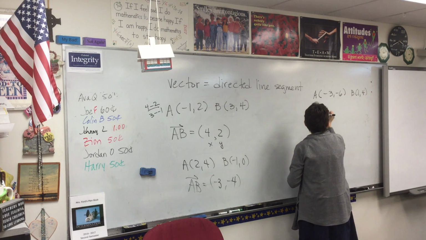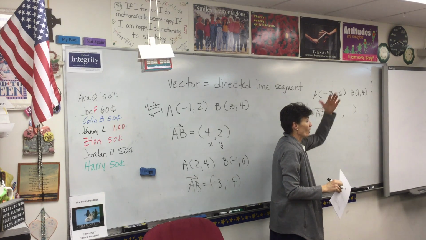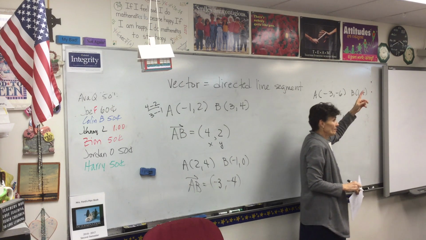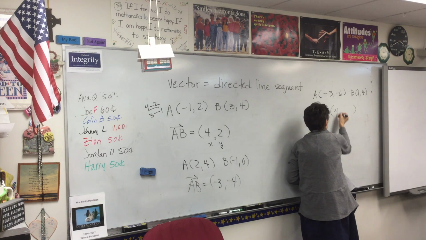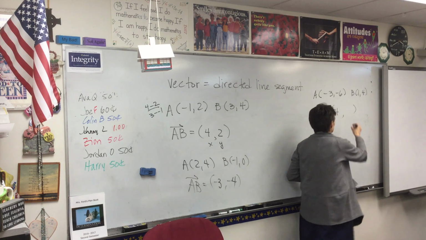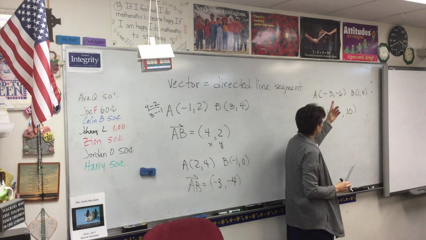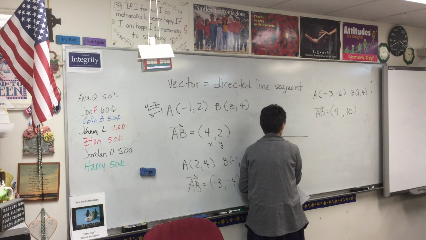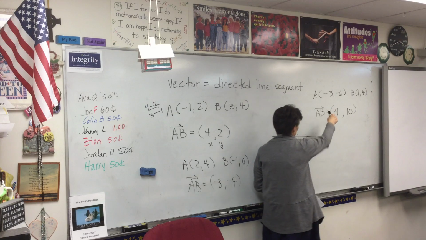All right, what about the next one? What are the coordinates of this vector? Now think about, how are we getting from A to B? -3 to 1 is 4. And -6 to 4 is 10. That's exactly right. Pretend you're like a little guy standing at -3 on the number line, and you need to get to 1.